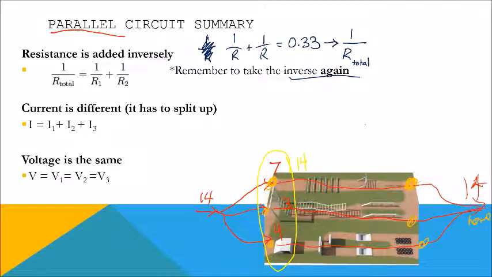Again, these are good for checking, especially for current. This is good for checking the calculations. And knowing that the voltage is all the same will be useful for filling in all of the information.